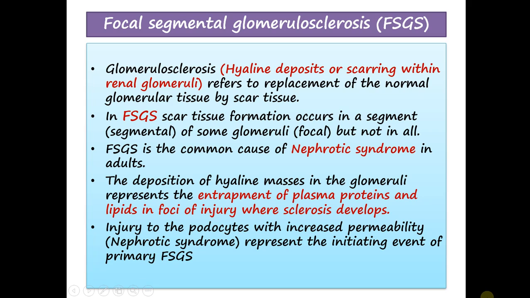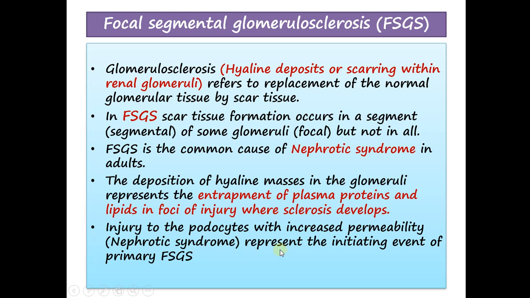It will disturb the function of the glomerulus and will form hyaline masses known as hyalinosis, and later on these hyaline masses may undergo sclerosis and formation of scar tissue occurs, replacing the normal glomerular tissue, and this will lead to the loss of function of the nephron. There is damage to the podocytes, foot processes, which leads to increased permeability.